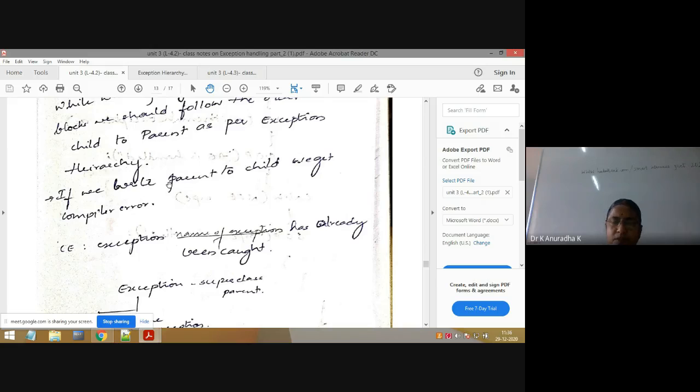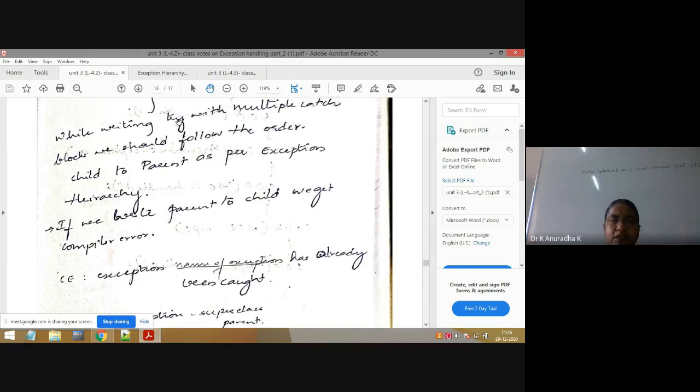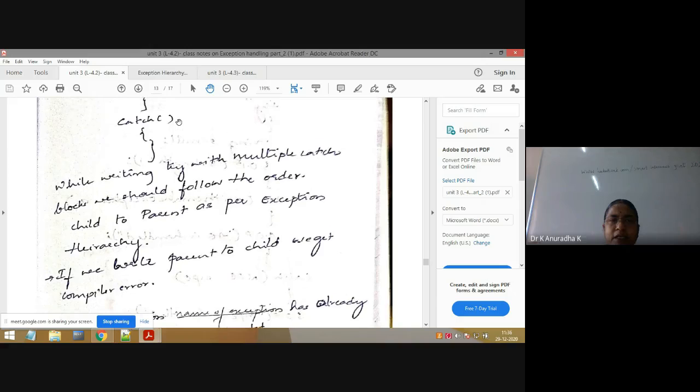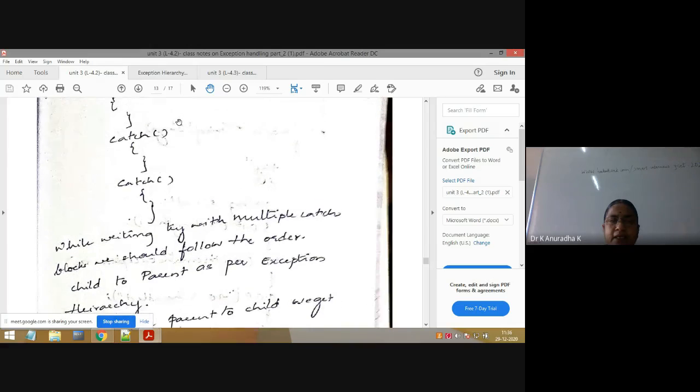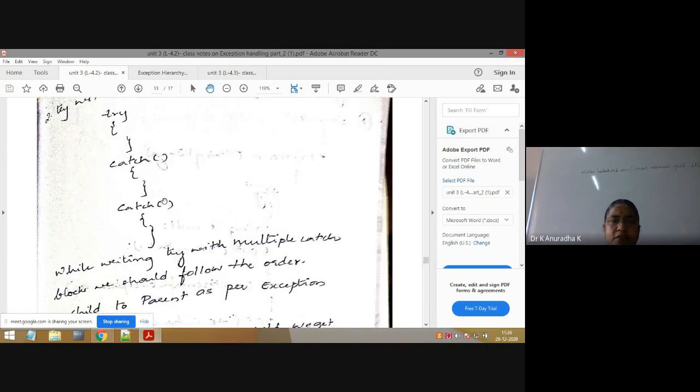Now remember the point, when we write programs using try with multiple catches, here the order matters. Inside the catch block, as parameter we are writing exception classes. ArithmeticException we can write, NullPointerException we can write, ArrayIndexOutOfBoundsException, ClassCastException, like that we can write.